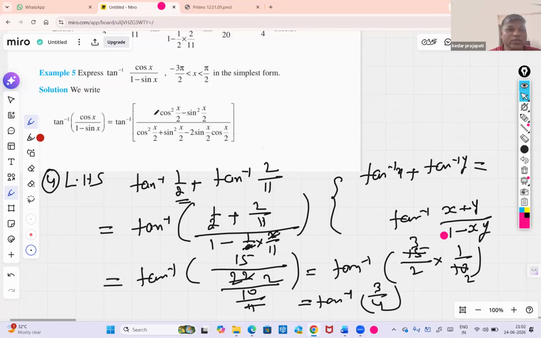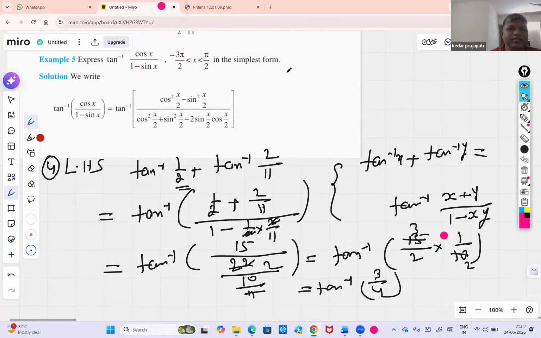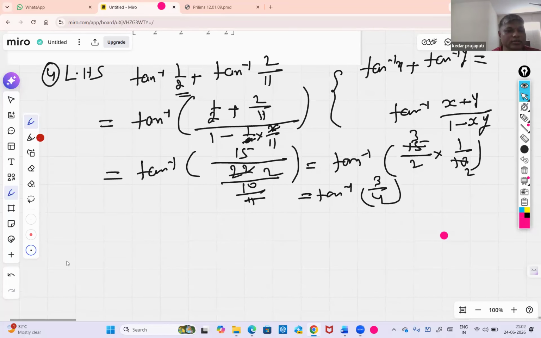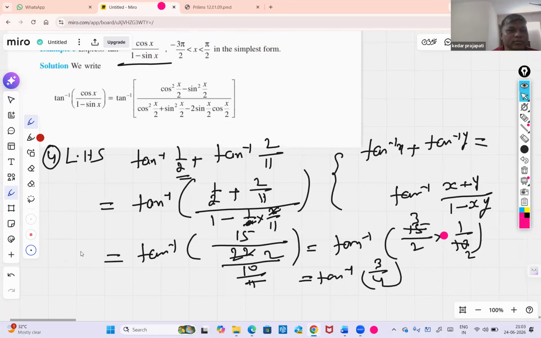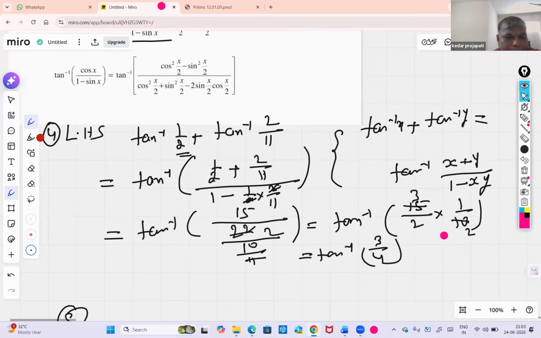Okay, so fifth is tan inverse of cos x by 1 minus sin x. Write it in the simplest form. Now they are not asking you to do anything, you just keep on going and simplify this. Tan inverse cos x by 1 minus sin x.